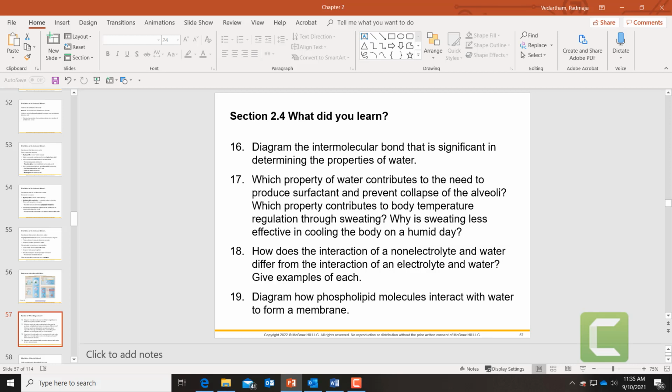Whereas an electrolyte, which may be much smaller than glucose, like sodium chloride, dissociates into two parts, sodium and chloride. So the osmotic pressure for that is much higher than for a non-electrolyte. So sodium chloride would be an electrolyte and glucose would be a non-electrolyte.